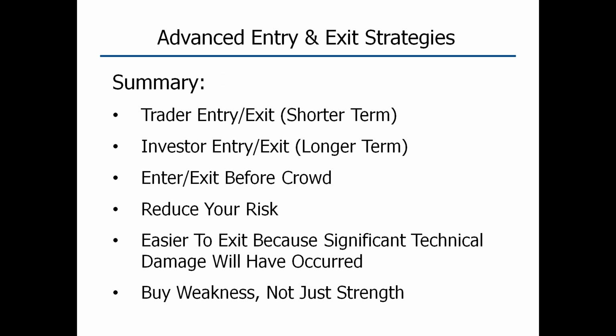It's easier to exit when you get in early, because you have an area of support where if that early entry point's negated, that's technical damage. Now, if you buy a classic breakout and that breakout's negated, like you just saw on Yahoo, it could still keep going up and you'll be perfectly fine. There's not major technical damage that's occurred. But typically, if you're able to get in early, I don't mean early by cheating, I mean early based on a logical area on the chart, you're able to reduce your risk significantly, but also you're able to get in at an area where large institutions are defending the stock.